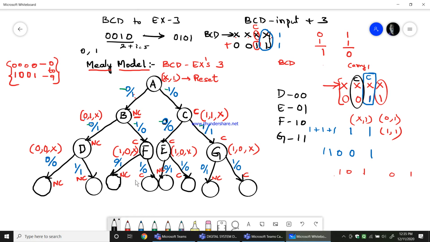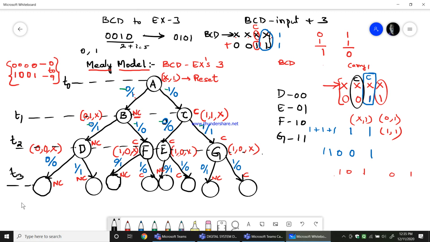Now this would be the T0 state, this would be the T1 state, this would be the T2 state, and this would be the T3 state. Each state, we will see how the state diagram goes on.